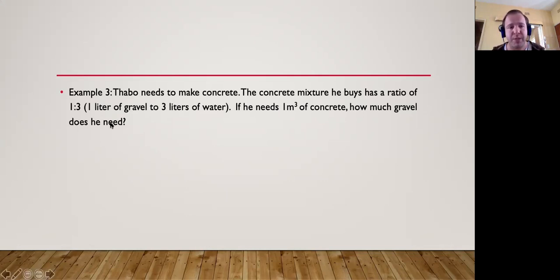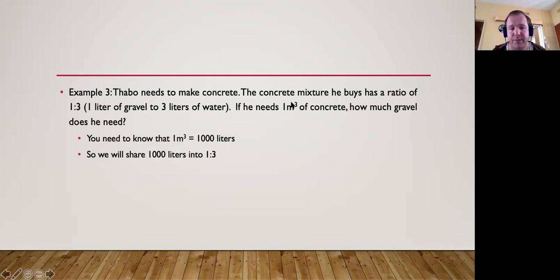To do that, we first have to change this into liters. The basic conversion is that 1 meter cubed is equal to 1,000 liters. So we're going to be sharing 1,000 liters into the ratio 1:3.